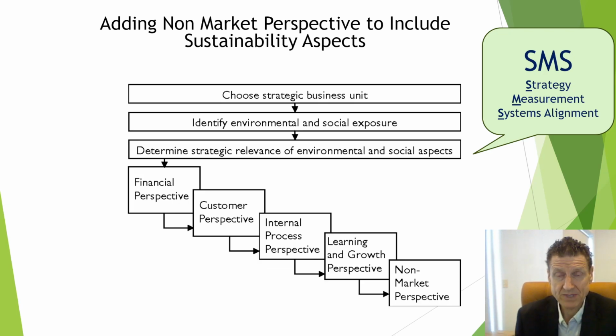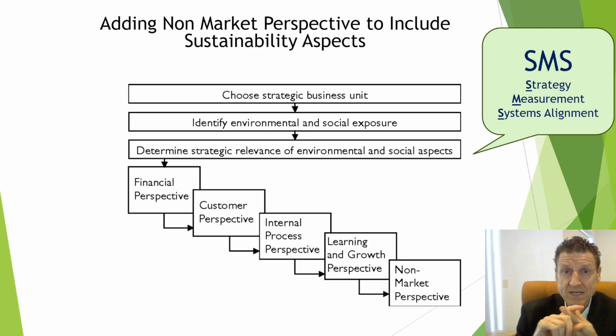Now, I've taught the balanced scorecard for many decades now, and the best idea that I would like you to take away, in thinking about the balanced scorecard without getting too confused, is basically it's SMS. You all use your phone, you get SMS. I know you use WhatsApp, I know you use Facebook Messenger, but SMS is the way to go with the balanced scorecard. Why?